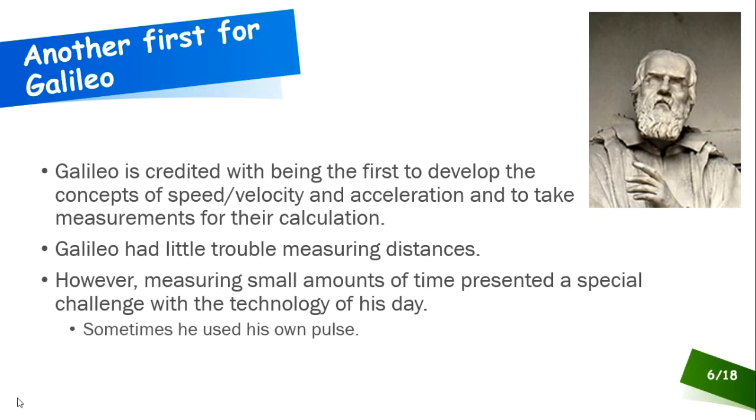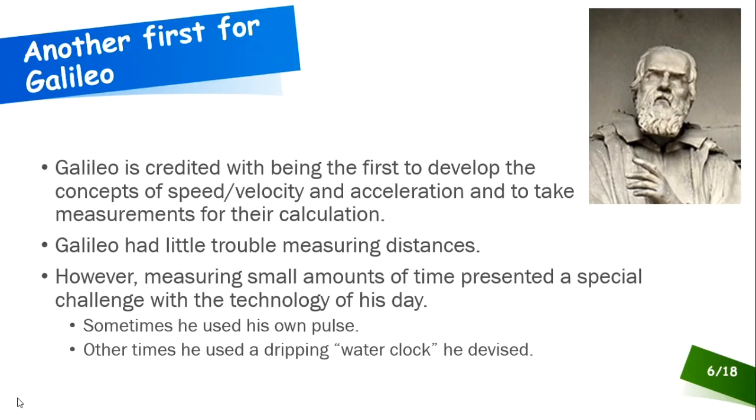Well, sometimes he used his own pulse, so he used his heart rate as a measure of time. Other times, he used a dripping water clock that he invented for the purpose of keeping time. So it would be drips of water that would come out at regular intervals, and then he would measure drops of water as his time standard.